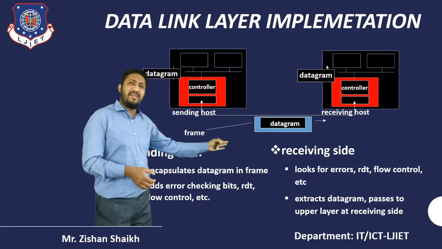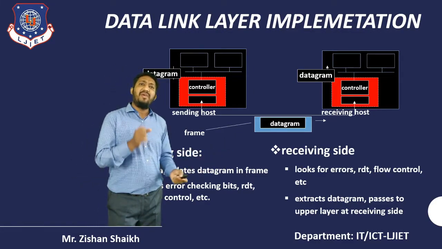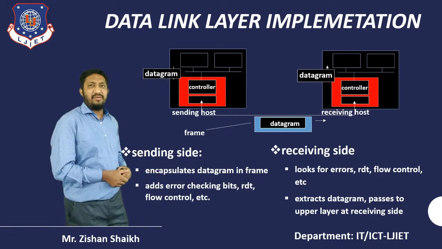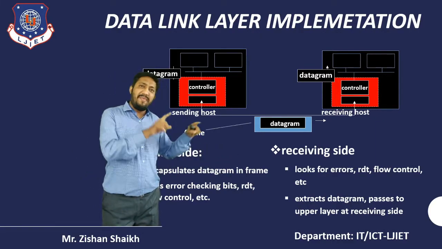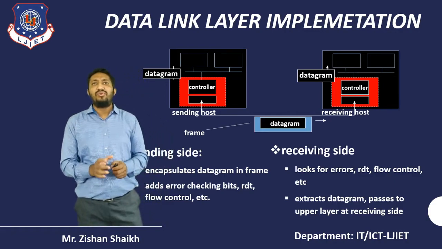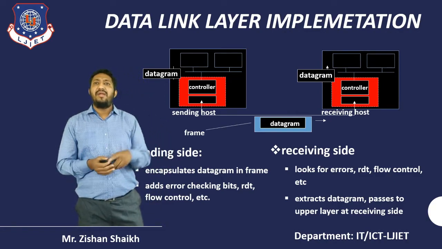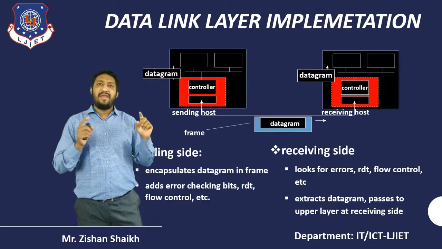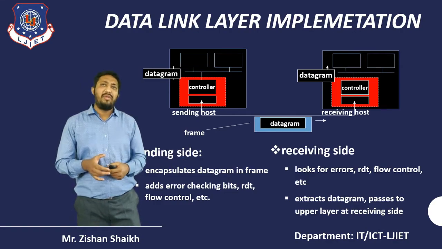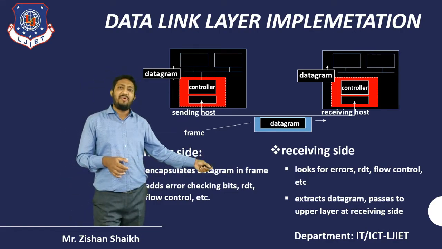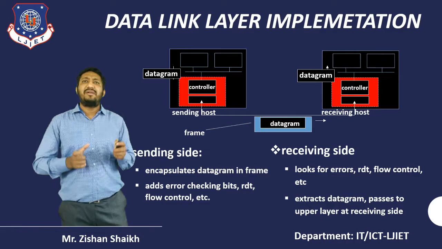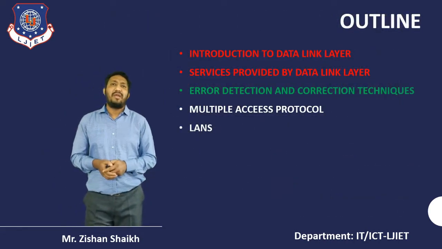Now at the receiving side, it checks the error, RDT and flow control that were managed by the sender. It extracts the datagram, which was encapsulated, and passes it to the upper layer at the receiver side. So the task is very clear here. It gets the data from the network layer, encapsulates that datagram, then provides the services of error controlling bits, flow controlling bits and RDT, and passes it to the receiver. At the receiver side, the reverse process is performed. So that is the task and implementation of our link layer.